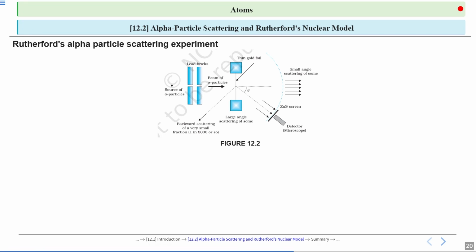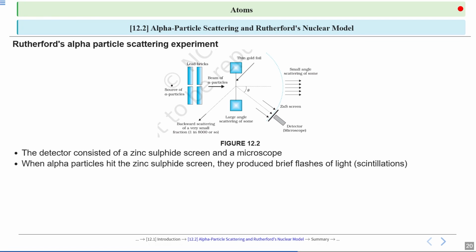Here you can see a diagram of the experiment setup again. The detector in this experiment was made of a zinc sulfide screen and a microscope. Zinc sulfide is important because it lights up when hit by alpha particles, making it possible to see where the particles go. The microscope allowed scientists to observe these tiny flashes of light closely.